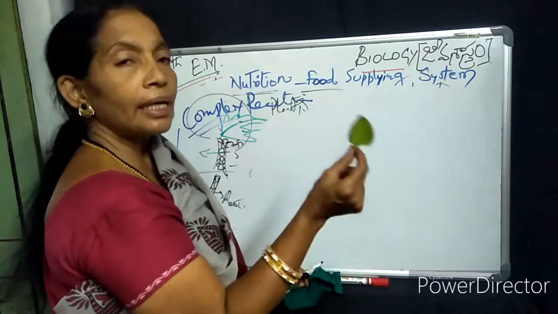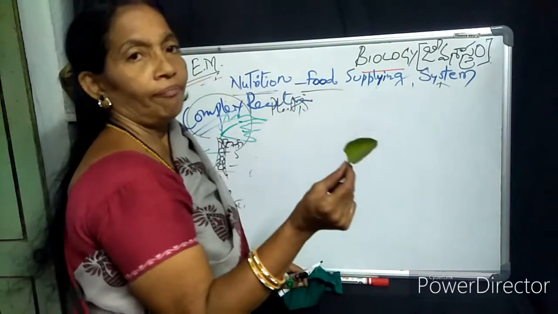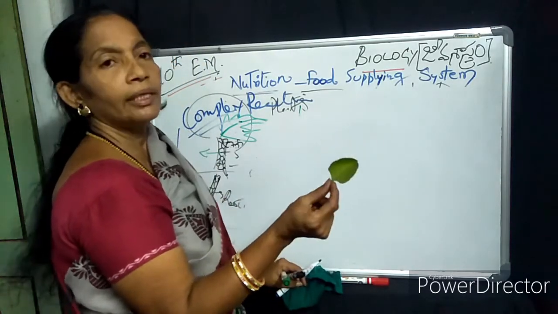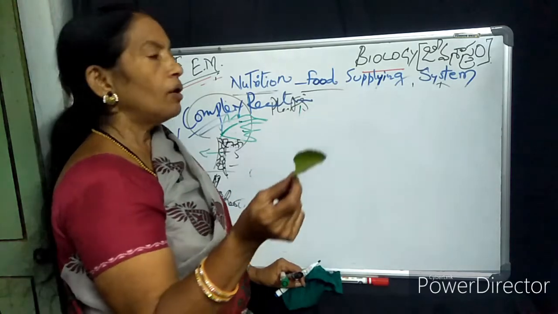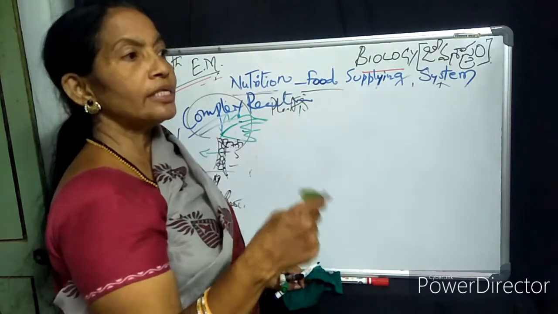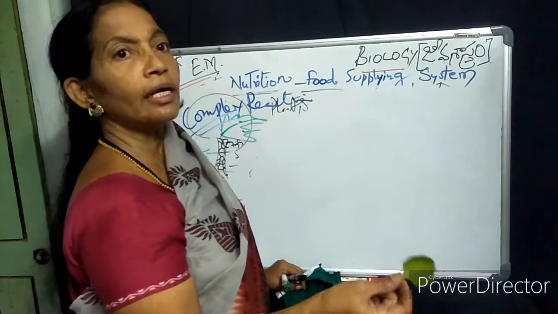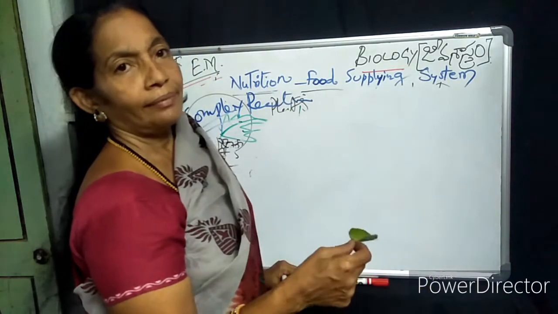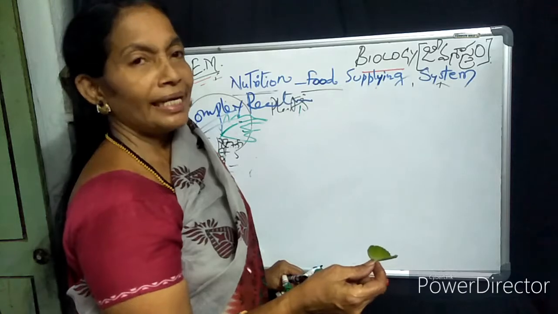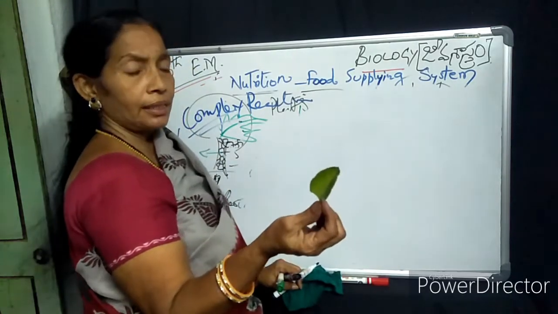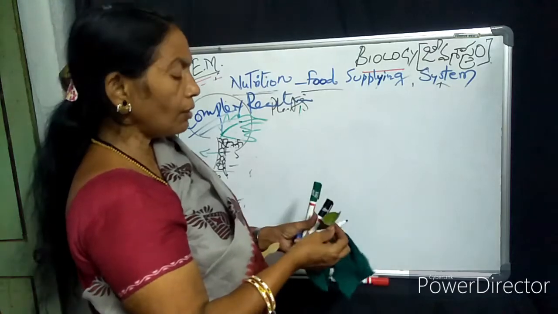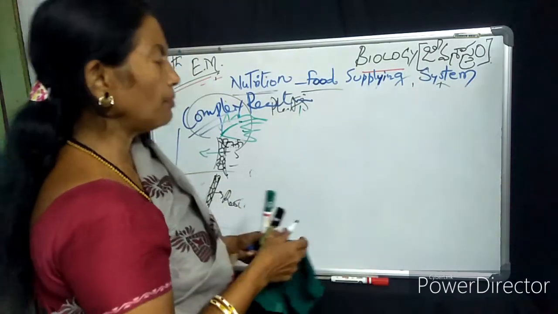So I have already cut this leaf after it had sunlight for 4 or 5 hours, and then we have to test. When we say something, we should prove that statement.